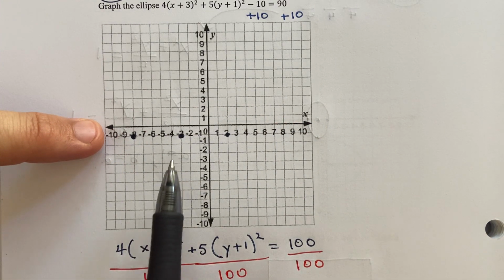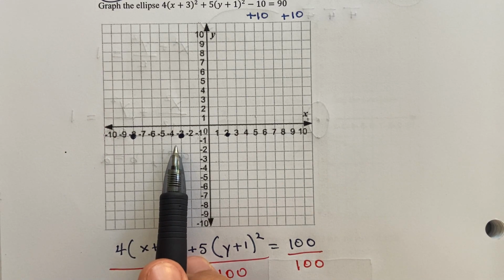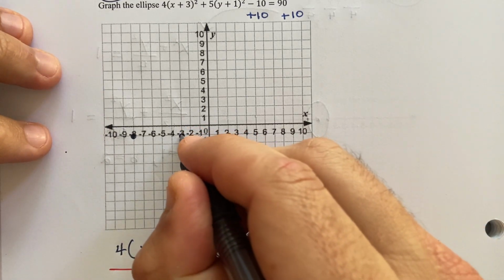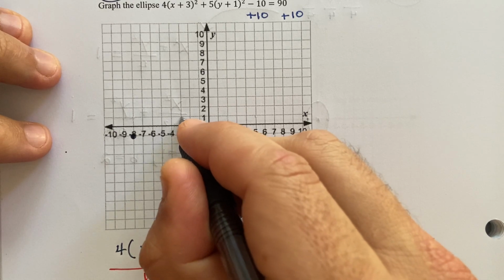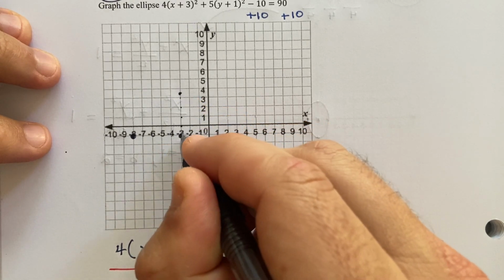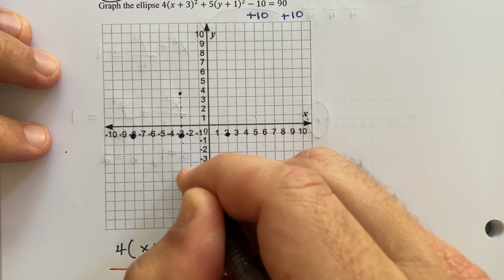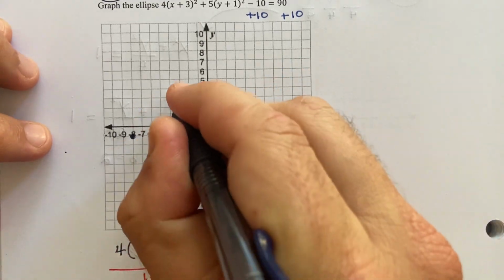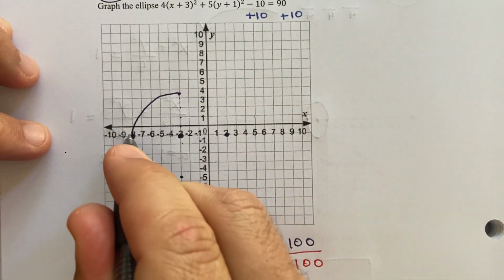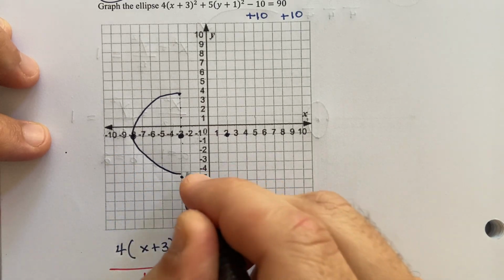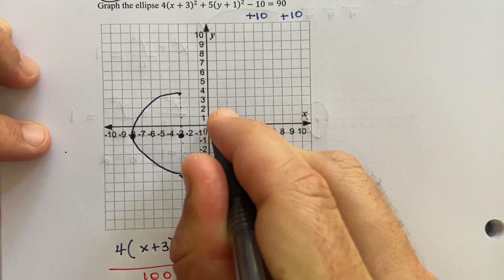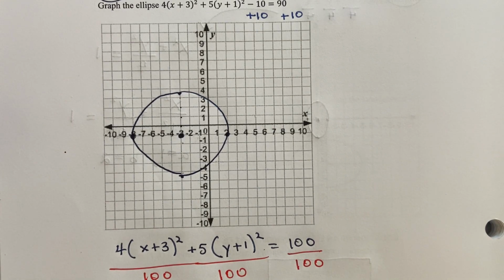And then from that center, I'm counting up about 4.5. So this is not going to be perfect. 1, 2, 3, 4. All right, there's our misshapen ellipse here.